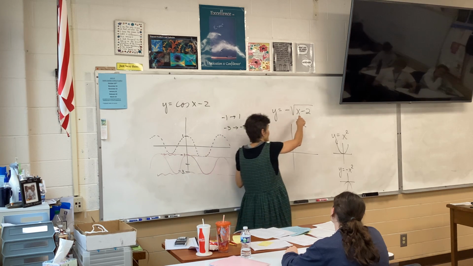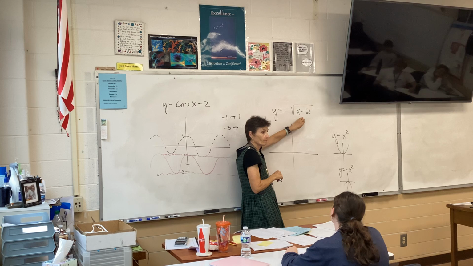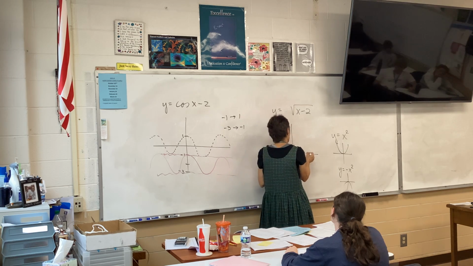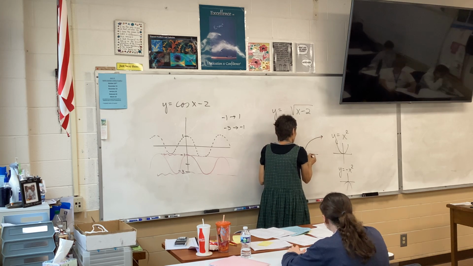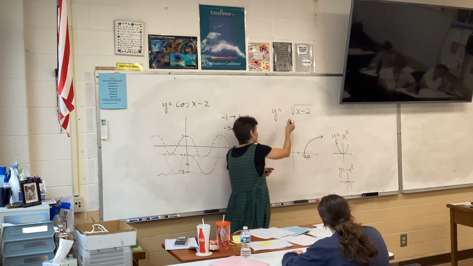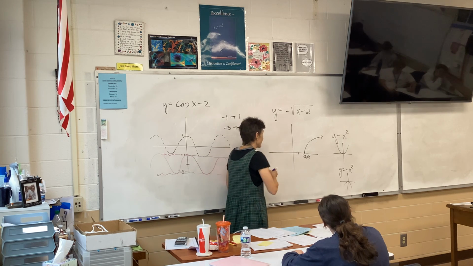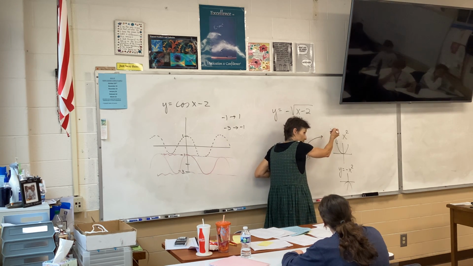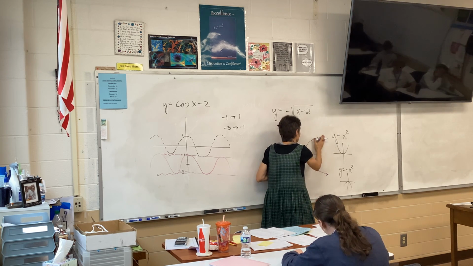So what does this look like? Forget the negative for a minute. What does that look like? 2 to the right. So if I were gonna graph that, it would look like this. Would everybody agree with that? But there was a negative out in front of it. So it's gonna take that up and out and make it go down and out.